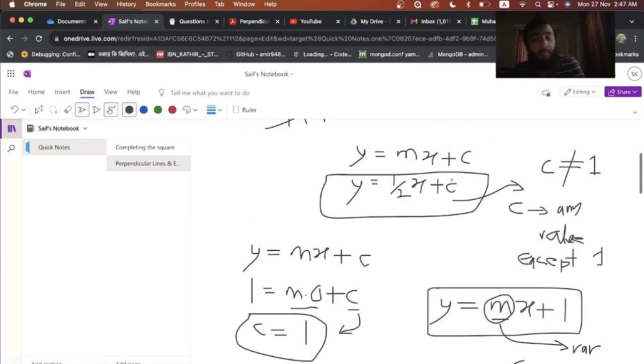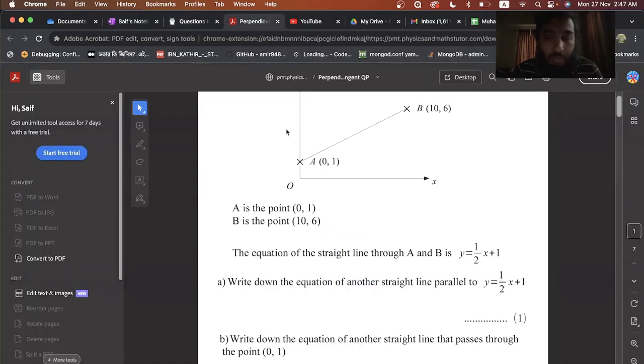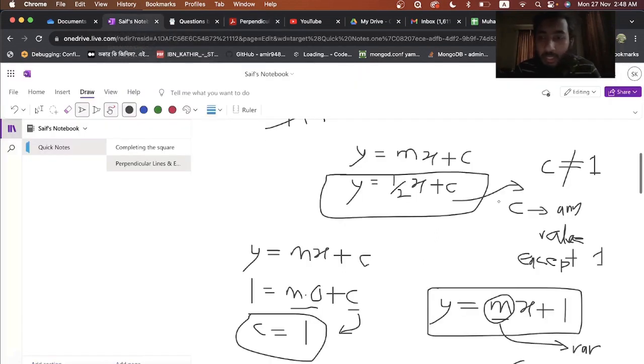Now the value of c can be anything but 1. It can be 2 or minus something, so it can be like this line or this line, etc. It actually works as a variable in the answer.